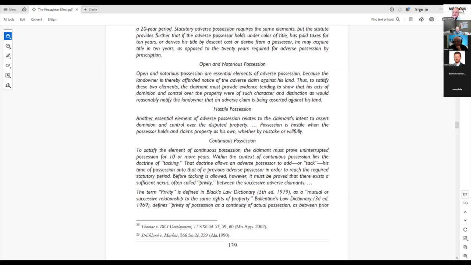It's not necessarily an obvious one. It's not very clear to see versus a fence that's clearly off the property. But as I read that, it would reasonably notify the landowner that an adverse possession claim is being asserted against his land. Pretty obvious that something's come outside of the property. Go ahead, Matt.